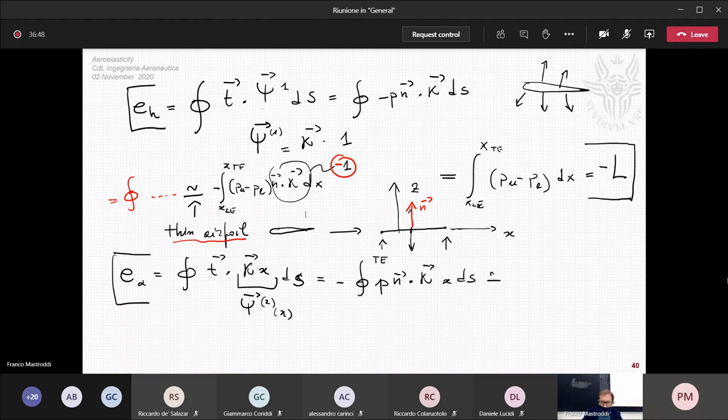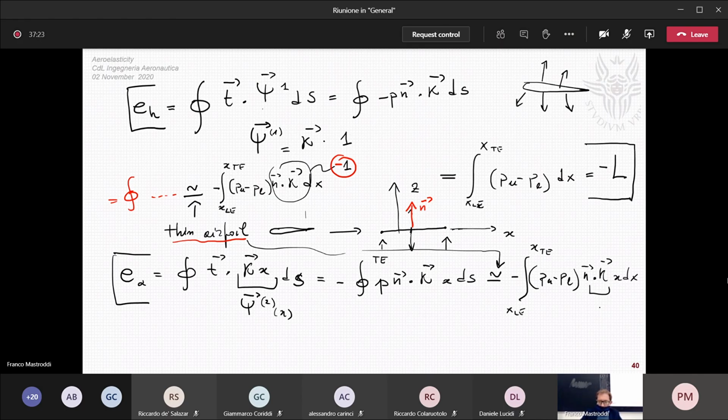but because of the thin airfoil hypothesis here, we have that this circuit integral is equal to a line integral in x from the leading edge to the trailing edge, and we have P upper minus P lower again, n dot K X dx.